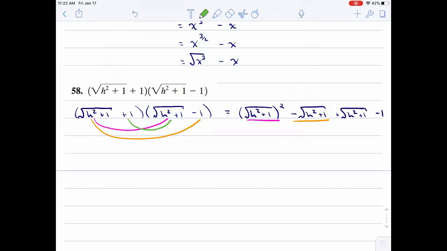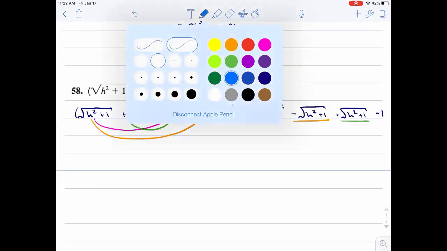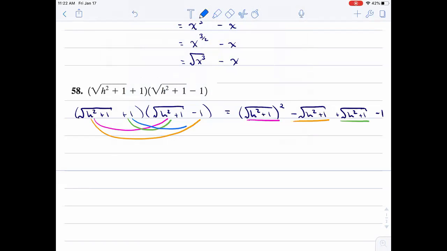This times this is this term. Running out of colors here. And then this times this is that term. But notice how for each of them, this one has to multiply every term in the other brackets. And same thing with the next term.